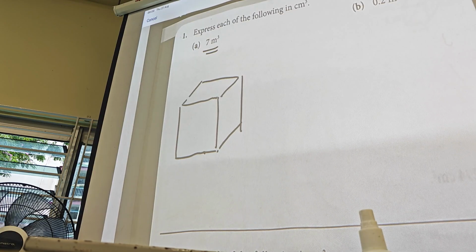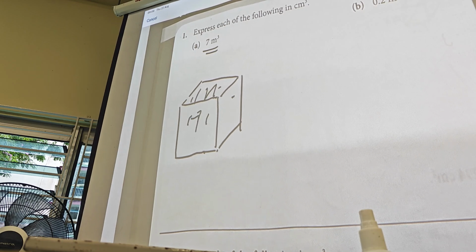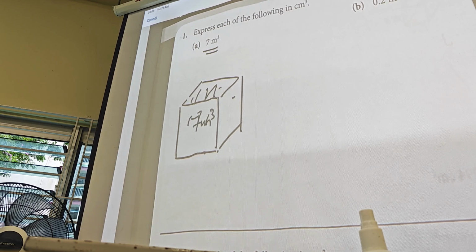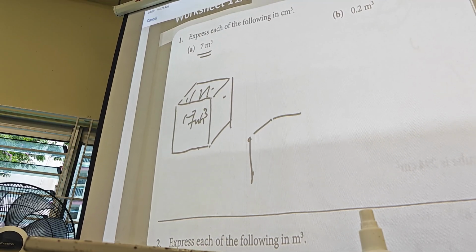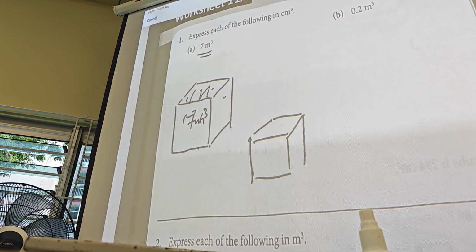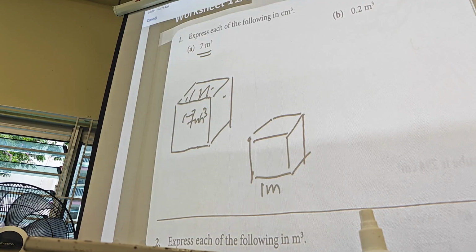Looks like the total space inside is made up of 7 cubic meter. Then you want to change it to centimeters. So we don't go into this object further. Let us instead take a look at another smaller cube. Every side is 1 meter.